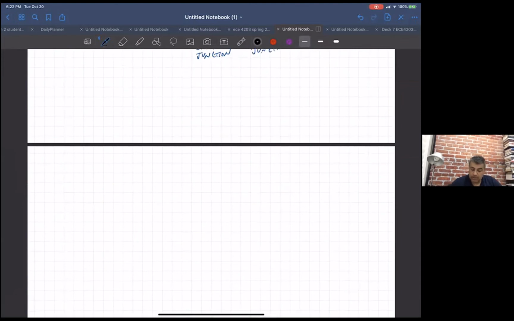So if you go back to the PN junction slides, going back to lecture slide deck 2, I think it was slide 18, we had an equation for the change in the number of electrons.